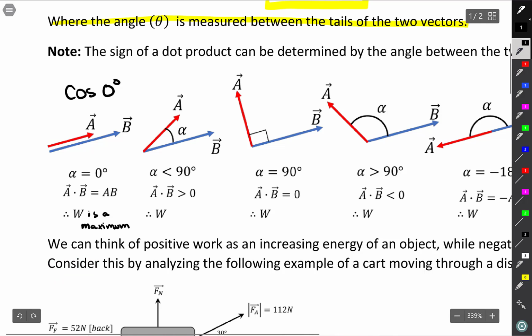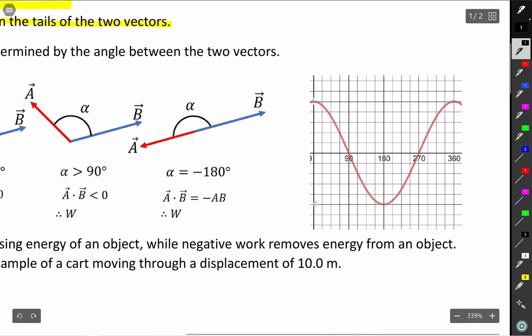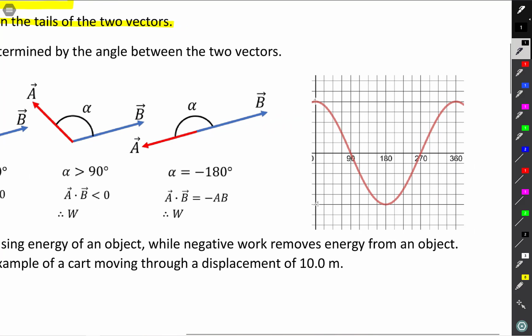Now let's increase the angle a little bit. Let's say that it's something less than 90, but it is larger than 0. If we look at our cosine function, anything less than 90 but larger than 0 would result in cosine values that are always going to be positive. So say we take 45 degrees, and 45 is around here. You would get a positive value.